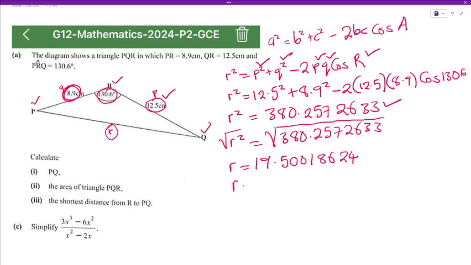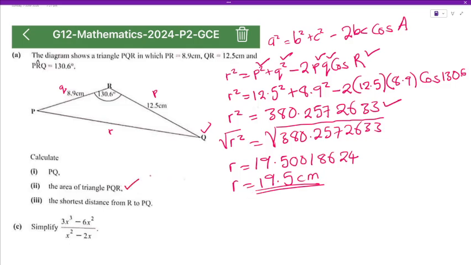Therefore R is just going to be 19.5. What units are they using in the question? They're using centimeters, as you can see. They say 12.5 centimeters. So you're also going to put centimeters here. And you're done.